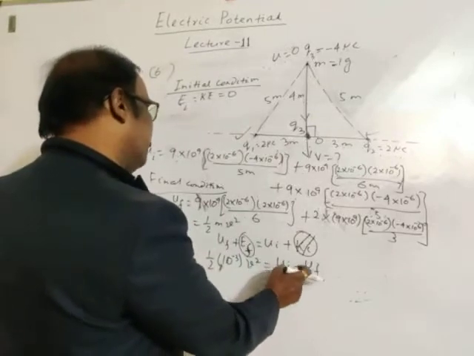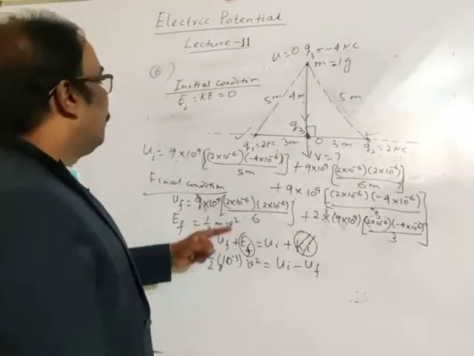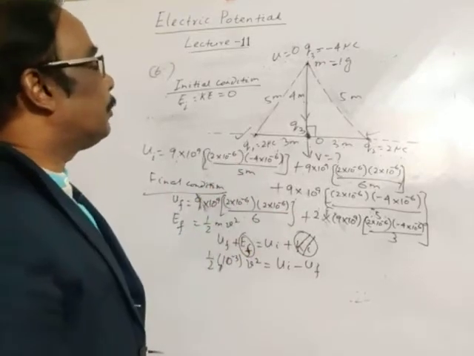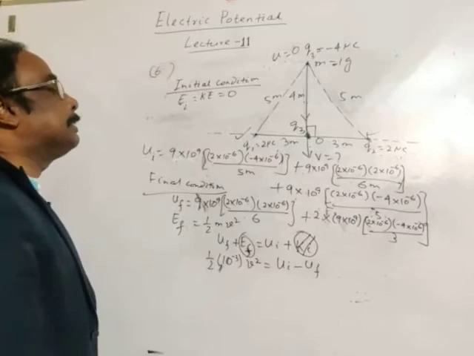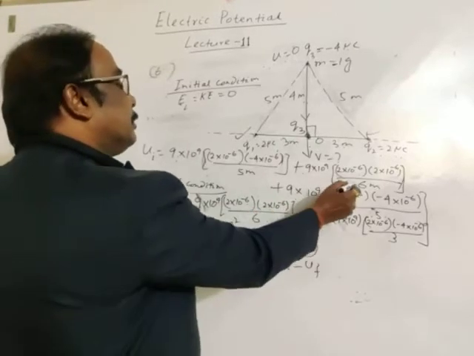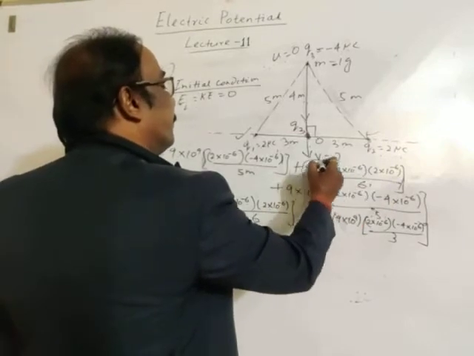We will subtract U final from U initial, and whatever is common will cancel. This is 6 meter, this is 6 meter.